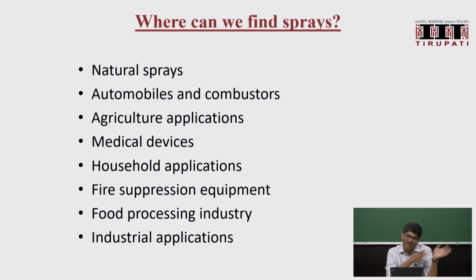Not only the combustors, nowadays you use urea injection into the exhaust systems to reduce the NOx. Again, there will be a liquid solution sprayed into the exhaust. Agriculture application need not be explained, all the pesticides and nutrients delivery to the leaves are done through that.